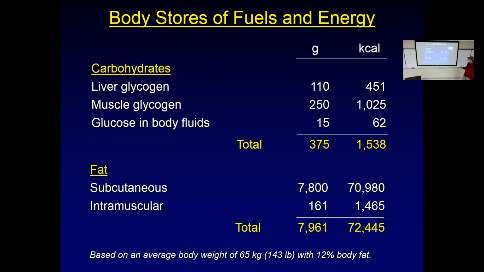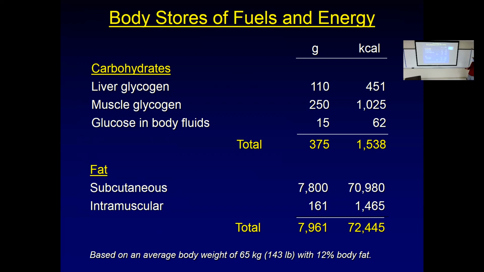Okay. This just sums up how much energy we potentially have stored in a relatively small-ish person. It would be a very small guy, or a slightly larger than average, depending upon height, college-age female that weighs 143 pounds. 12% body fat is exceedingly low if it was a woman.